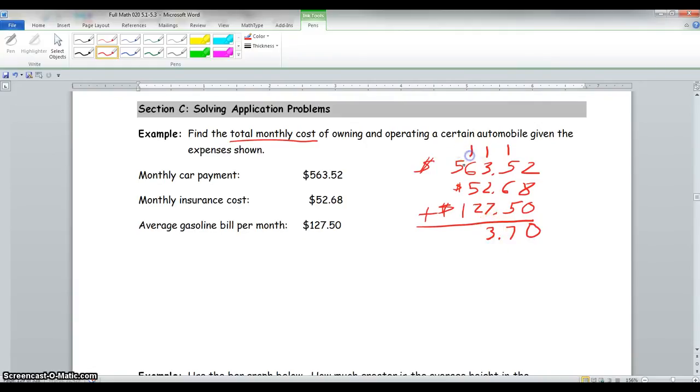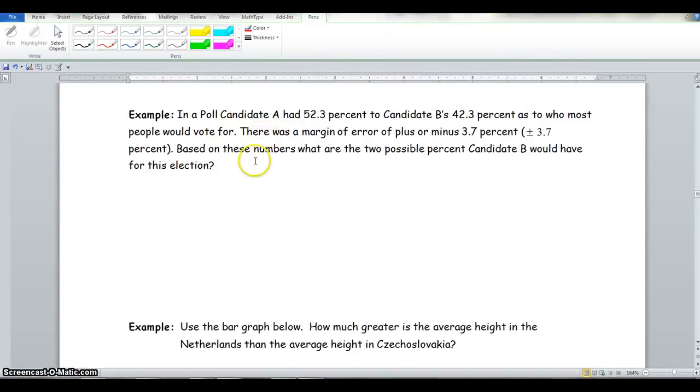So we have our 3 and carry our 1. 1 plus 6 is 7, plus 5 is 12, plus 2 is 14. So we have our 4 and carry our 1. 1 plus 5 is 6, plus 1 is 7. So our answer here is $743.70.